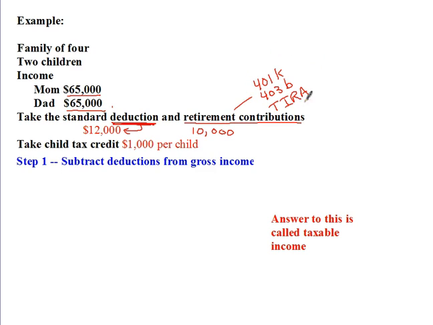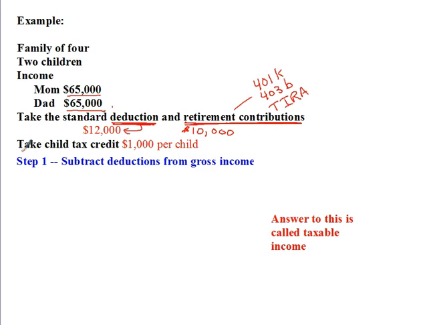There are other ones too, like 457s, but these are the big ones. People can put money in these accounts and invest it in stocks and bonds and other things, and they get a tax deduction on those retirement contributions. So if they put $10,000 into retirement accounts, they get a $10,000 deduction on their taxes.